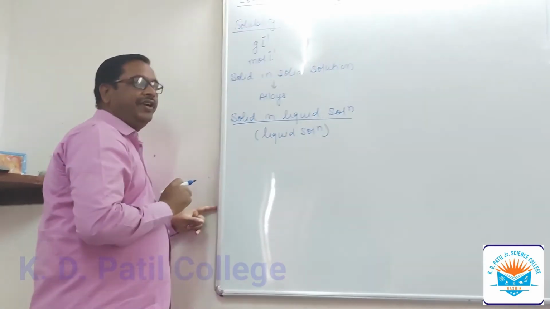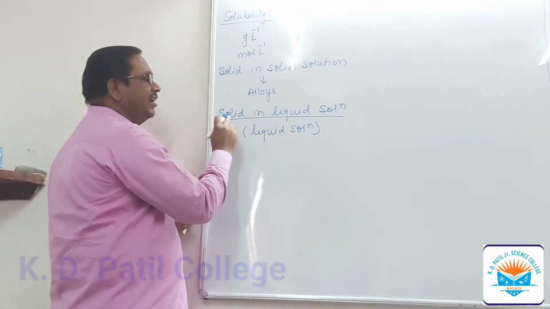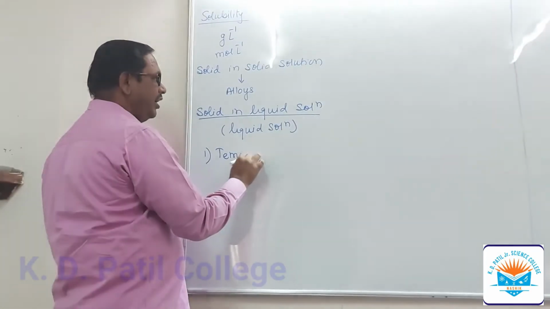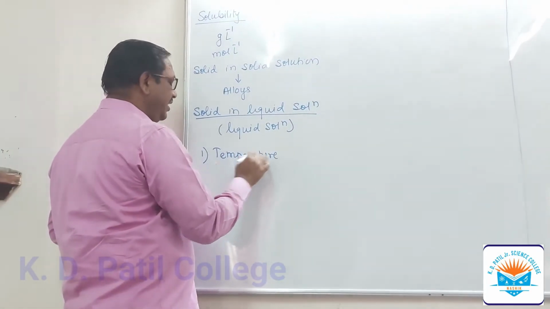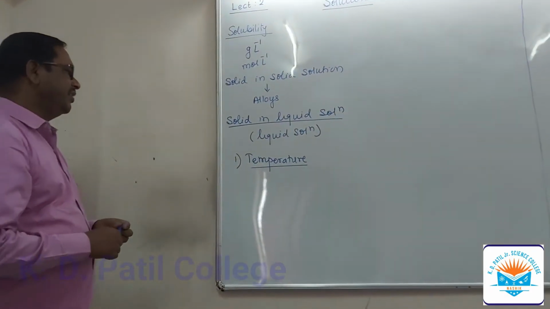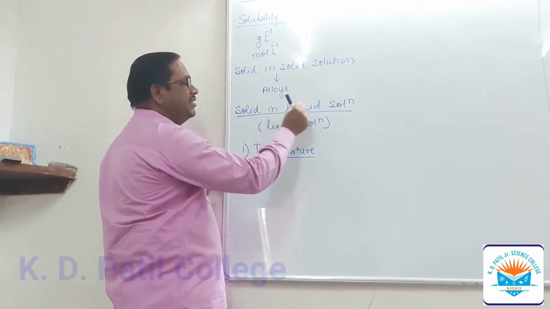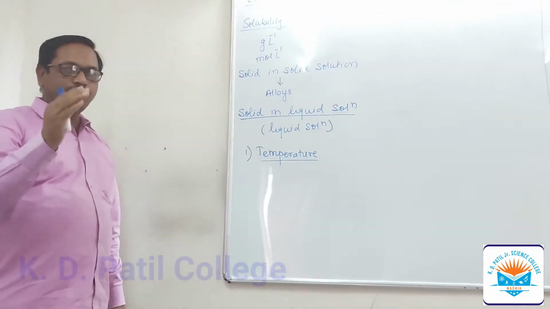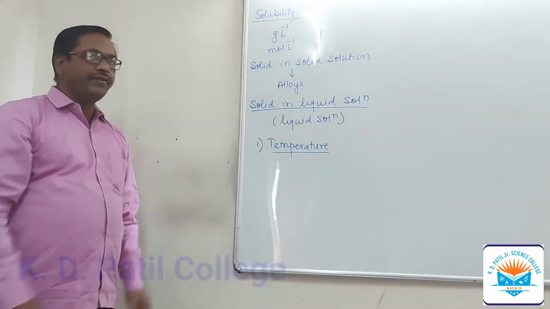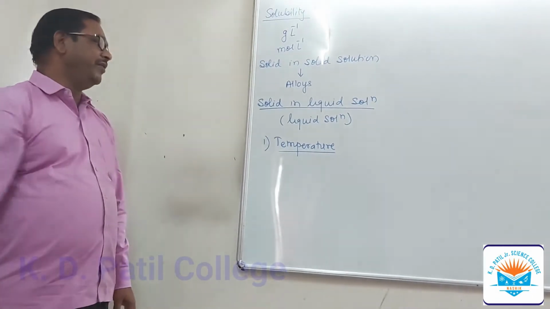Now how is the solubility of solid in liquid affected? The first factor is temperature. Most solids, when dissolved in liquid, show solubility that increases with increase in temperature.